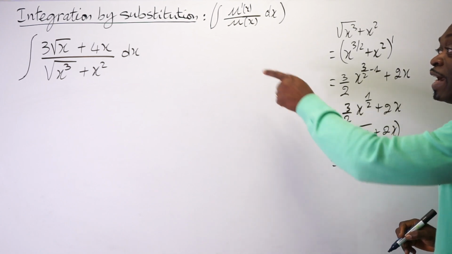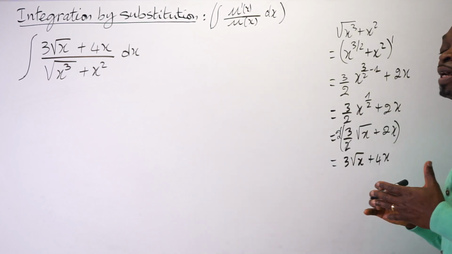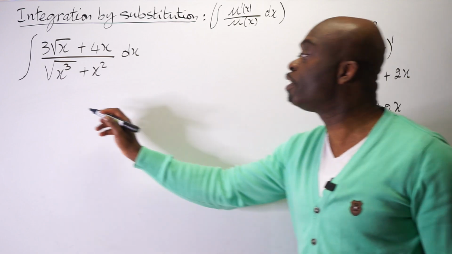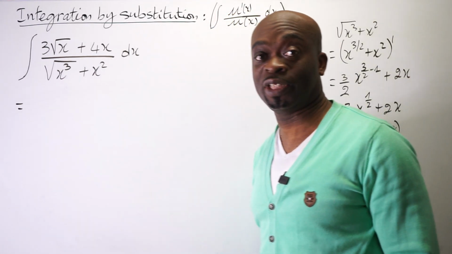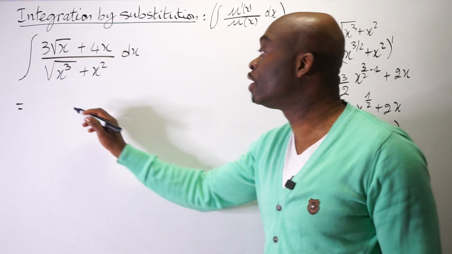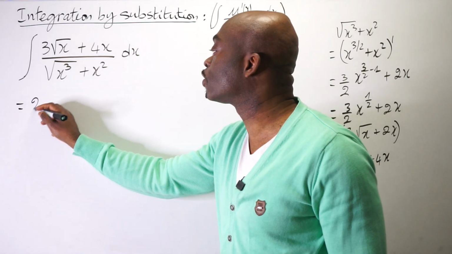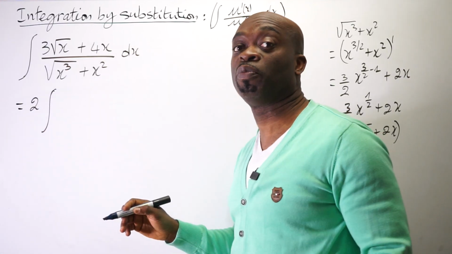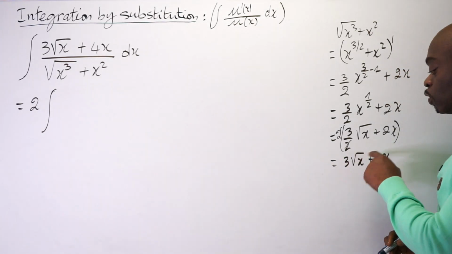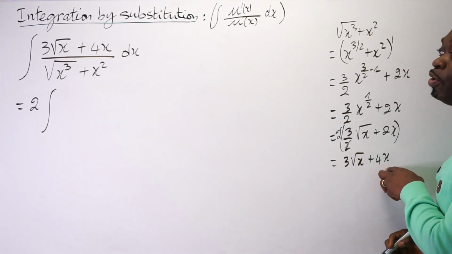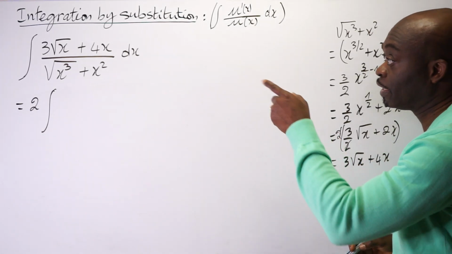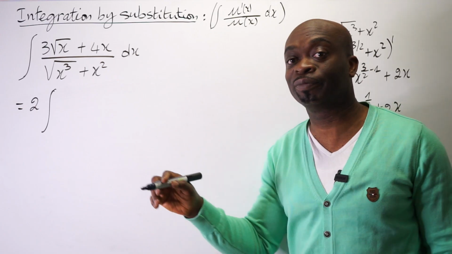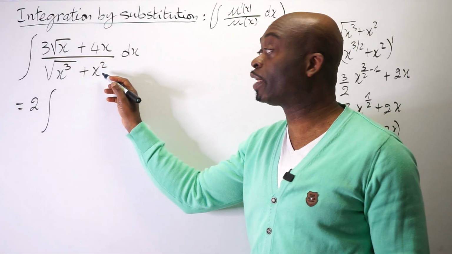Now it looks like the numerator. So we have to make an adjustment to the original problem before we continue. We multiply by 2, and the top expression will be multiplied by a half, because then it becomes the derivative of the denominator.